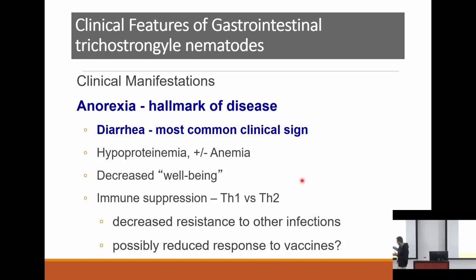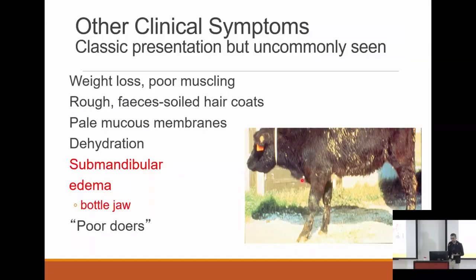And also immunosuppression, that is one of the biggest clinical features in these nematodes. Other features are also there, like submandibular edema or bottle jaw, dehydration, poor odor, rough body coat.